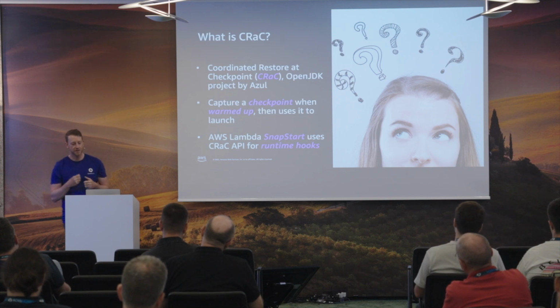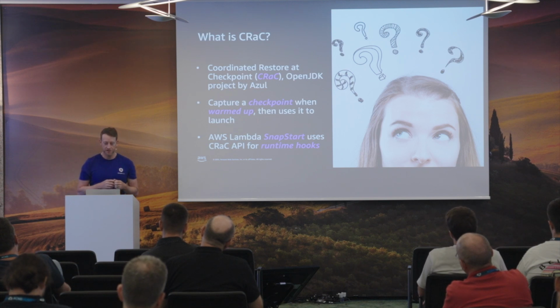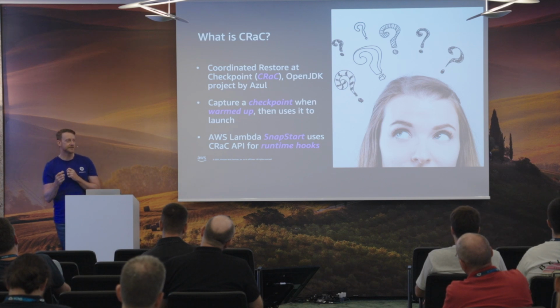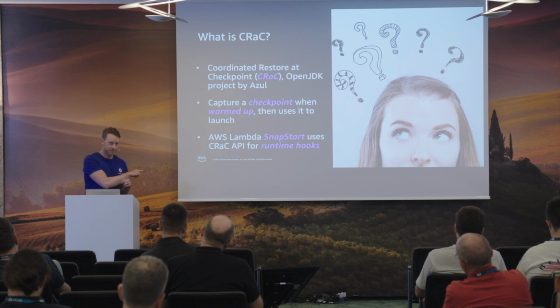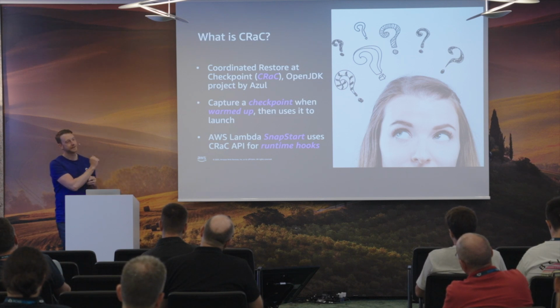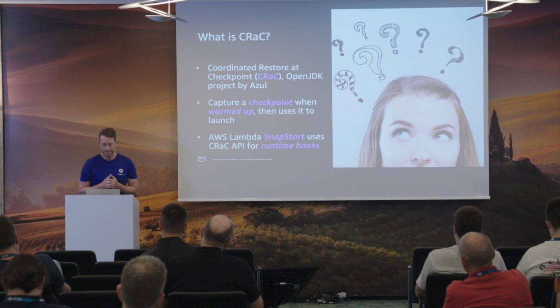There are only two methods: beforeCheckpoint and afterRestore, which are used as callbacks by the JVM. And if you know AWS Lambda, for SnapStart, we have used this particular interface as well. So it is known for Lambda developers already using Lambda.